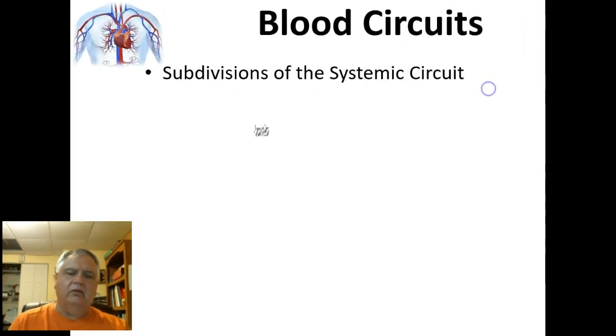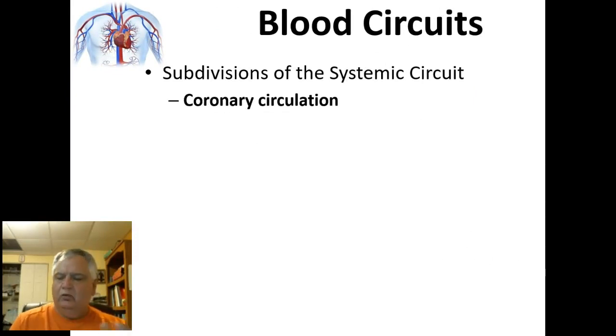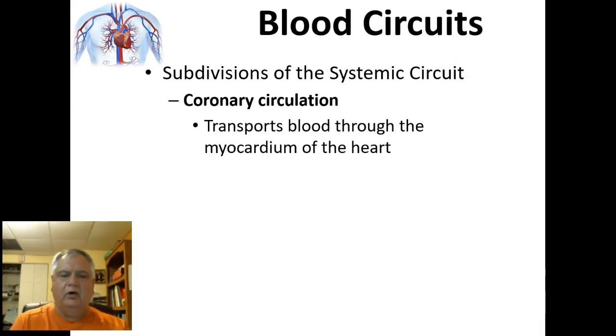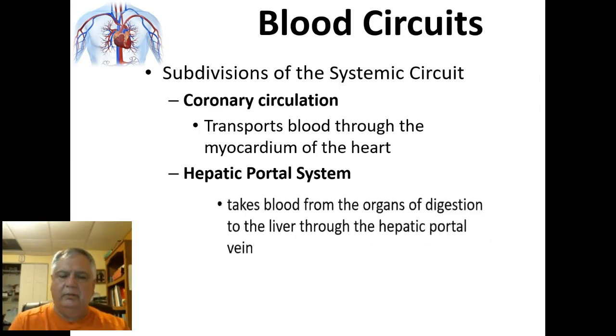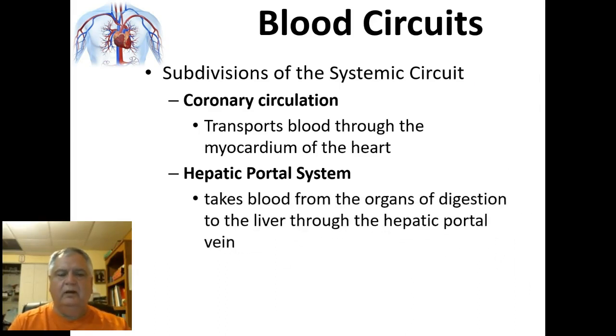A subdivision of the systemic circuit that we can talk about is coronary circulation. We've kind of already gone over that. Coronary circulation transports blood through the myocardium of the heart, through the muscular wall of the heart. Another subdivision of the systemic circuit is the hepatic portal system. The hepatic portal system takes blood from the organs of digestion to the liver through the hepatic portal vein.